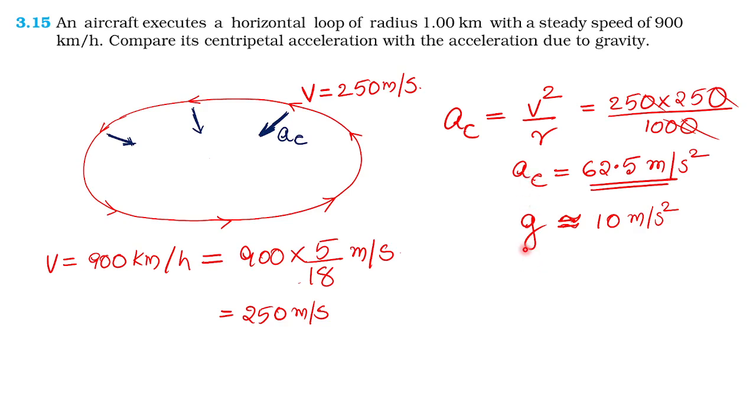AC is 62.5, g is 10, so 6.25. This indicates that centripetal acceleration is approximately 6.25 times that of acceleration due to gravity. Only the ratio is required.